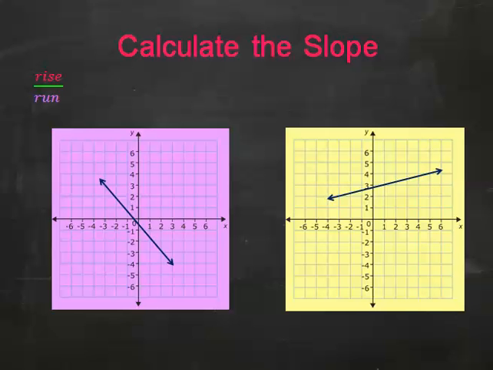Let's take a look at these examples. So for this first one, the hardest part is finding where we're going to put our point or our coordinate. Let's go ahead with this area here, and then down here. There we go. Okay.